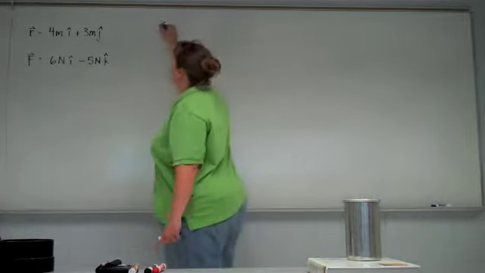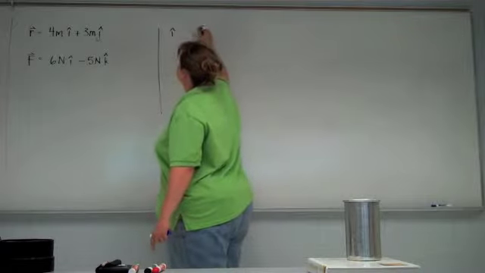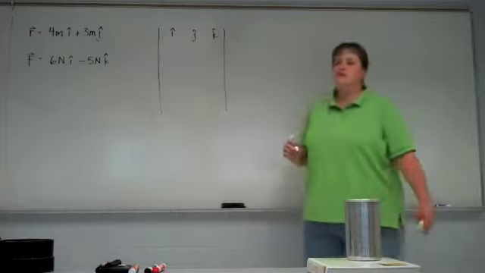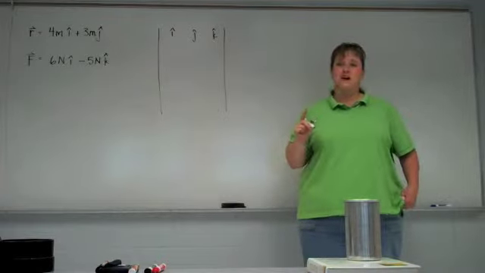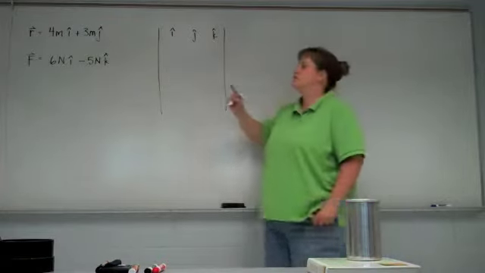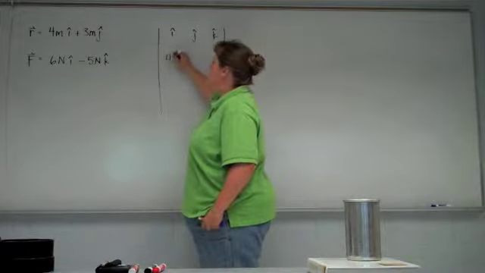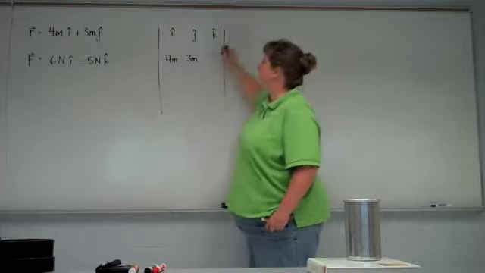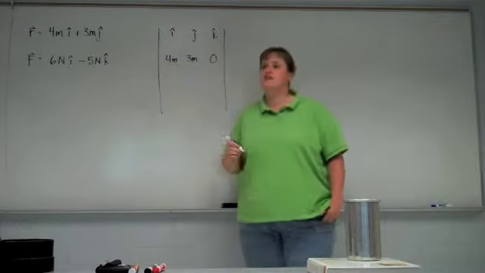So the cross product, all I need to do is set up a matrix. Remember, you always put the R values in first. So 4 meters is the X component, 3 meters is the Y component, 0 is the K component.